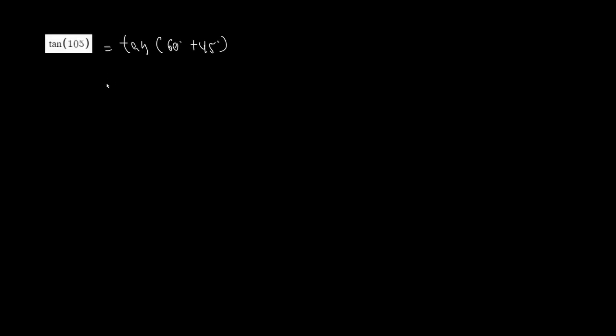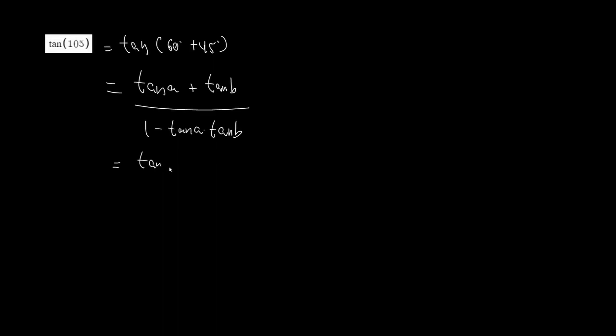Now we're going to use the formula. The formula would be tangent A plus tangent B all over 1 minus tangent A times tangent B. Again, your A is on the left and your B is on the right.